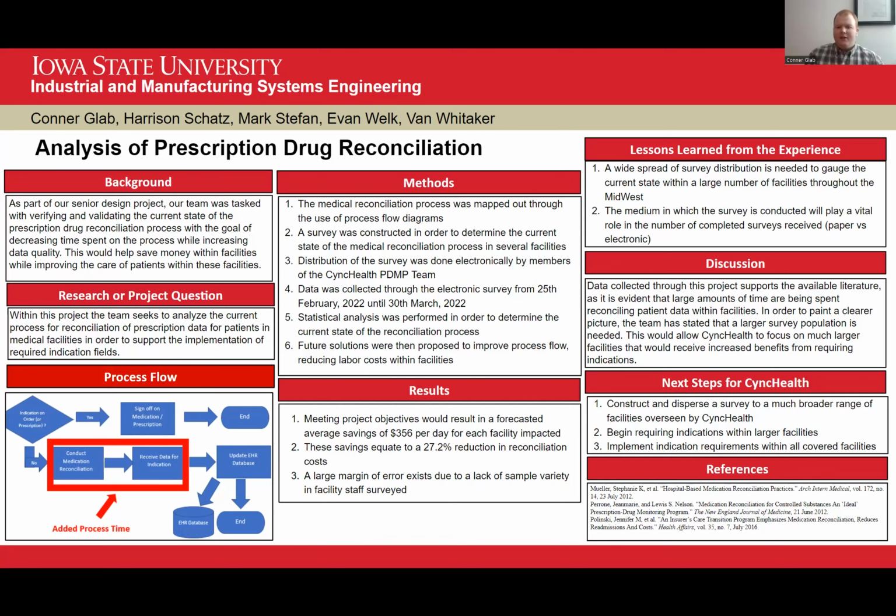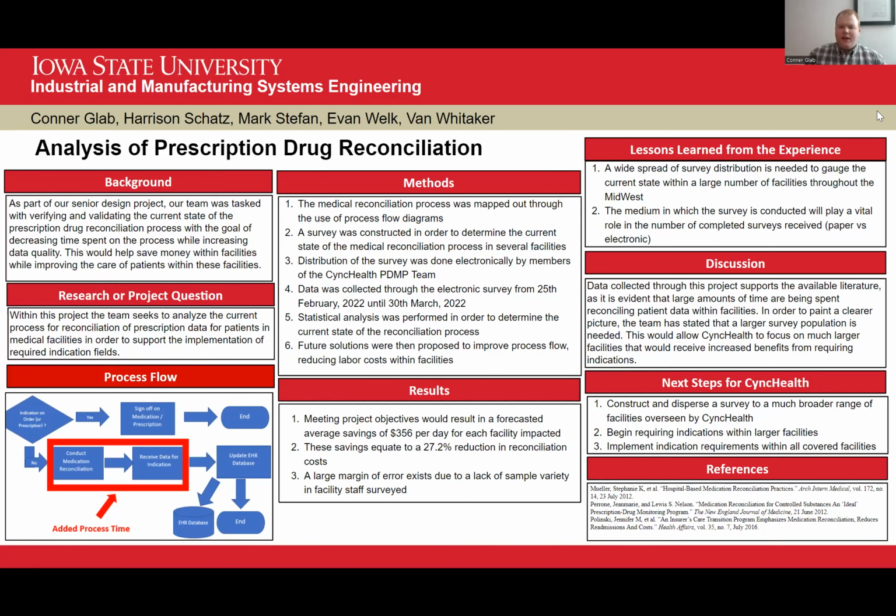The data was collected from the 25th of February through March 30th of 2022. At that point, I believe we collected around 31 responses. We were able to consolidate a lot of that data to calculate our result and our impact of what our future state would be.